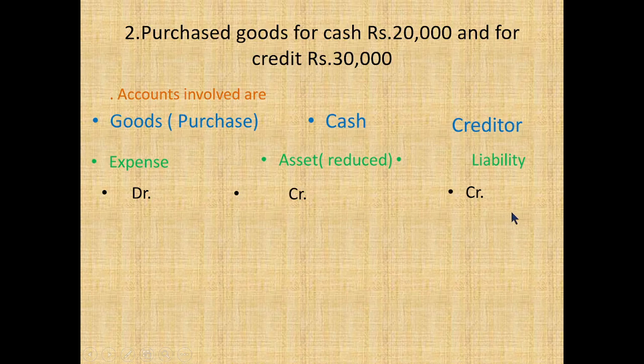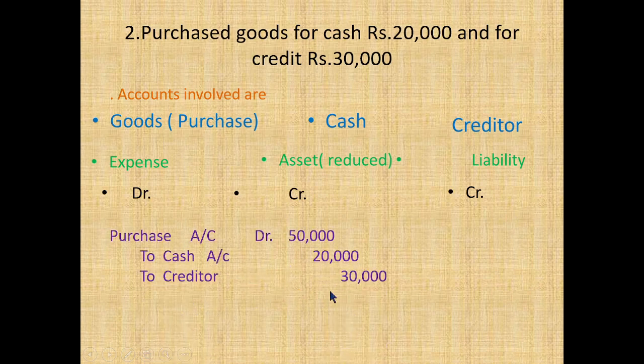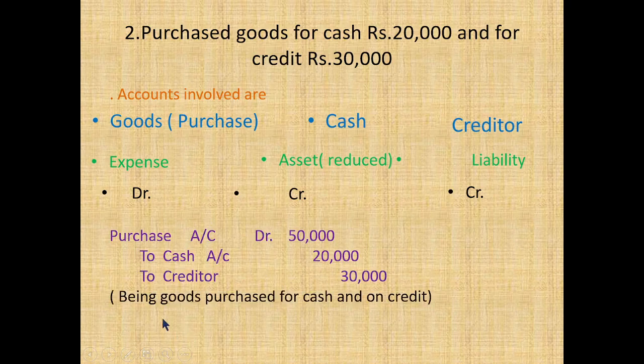The two accounts to be credited, one account to be debited. So purchase account debit 50,000, to cash account 20,000, to creditor account 30,000. Here in one journal entry, 3 accounts are involved. This type of journal entry is called compound journal entry. Being goods purchased for cash and on credit.